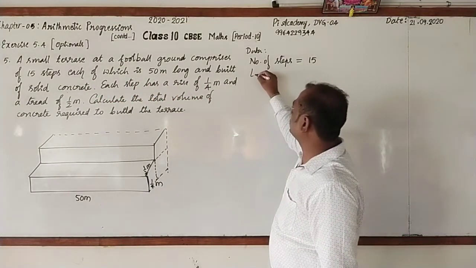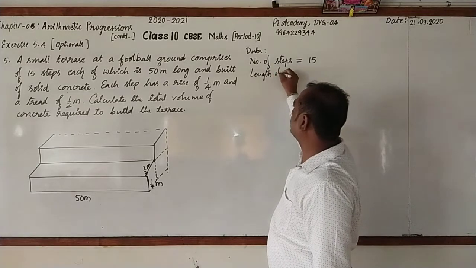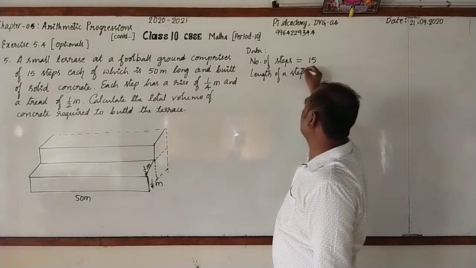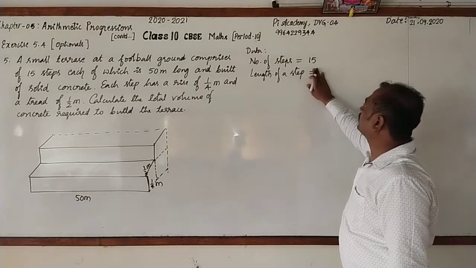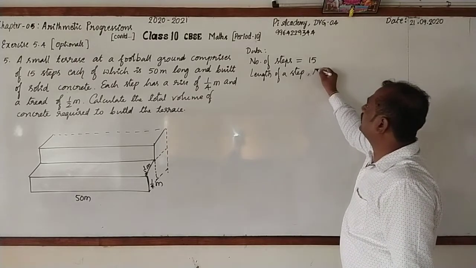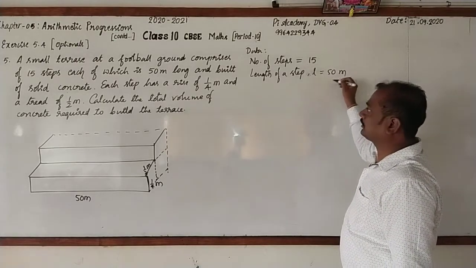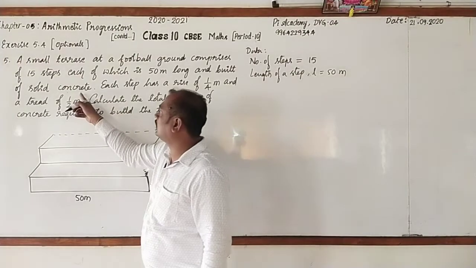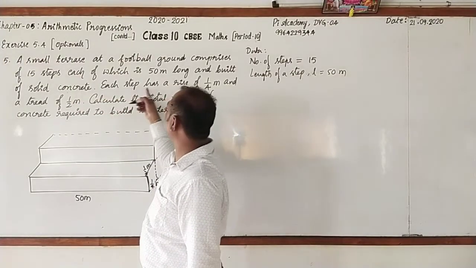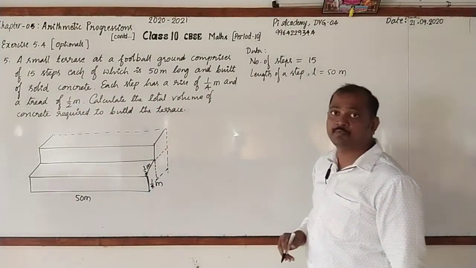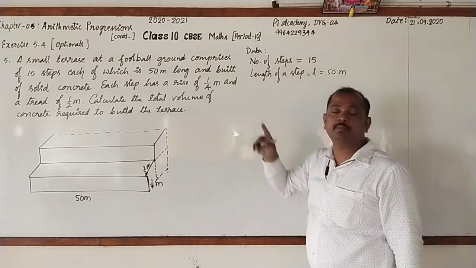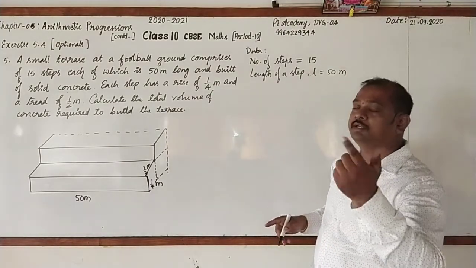So, here I will write length of a step. How much? You may call it as L. L is equal to 50 meter. And built of solid concrete, each step has a rise of 1 by 4 meter. What does 1 by 4 meter indicate? It is height.